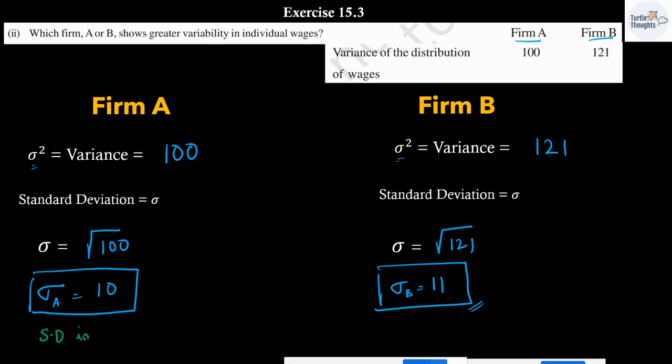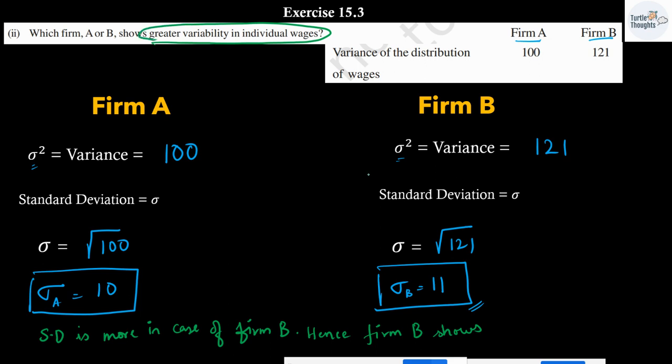Standard deviation is more in case of firm B. Hence, firm B shows greater variability in individual wages. This is going to be your final answer.